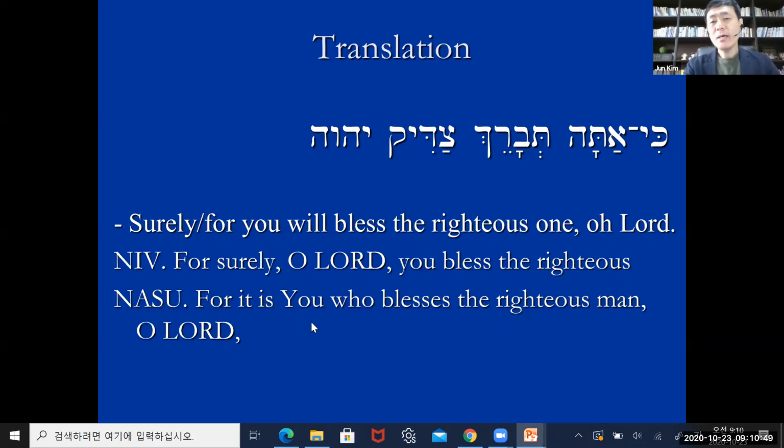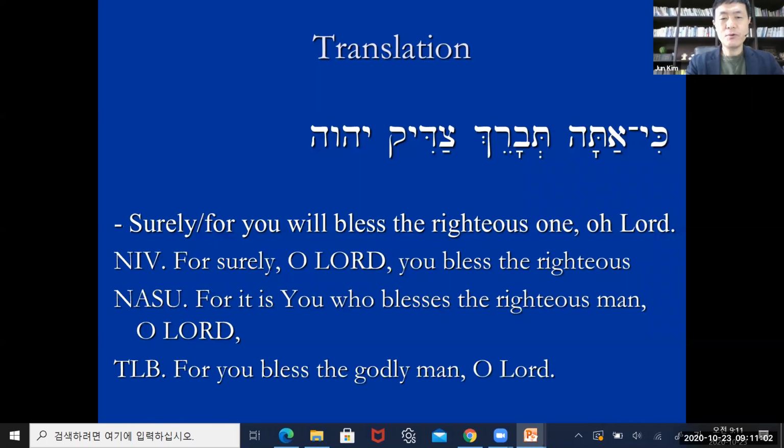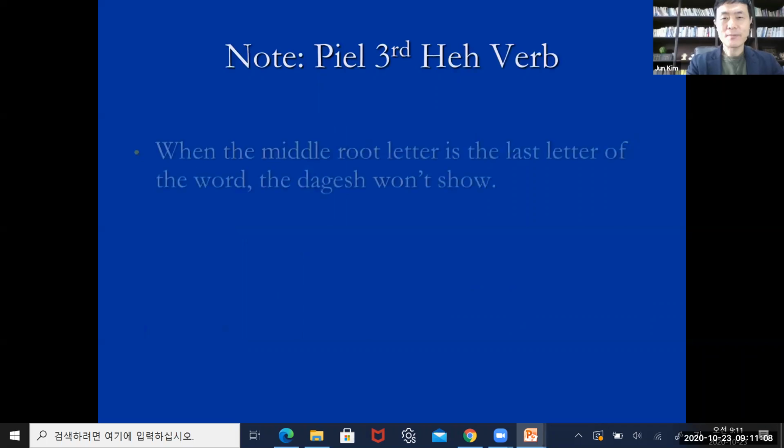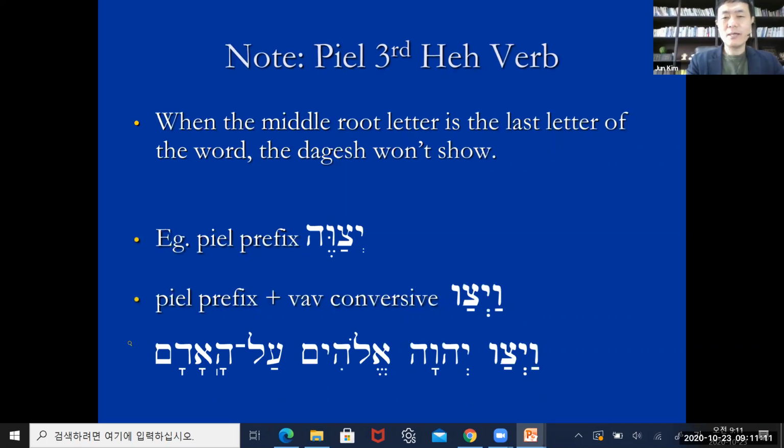But anyway, for today's sentence, you can just put it as a noun here, and the vocative Adonai, O Lord. TLB, for you bless the godly man, O Lord. Okay, this is another thing, and then this is a new lesson.